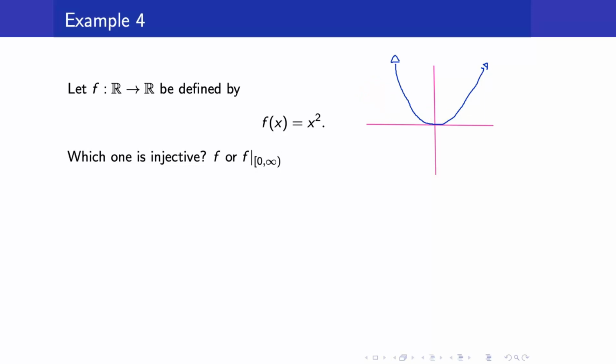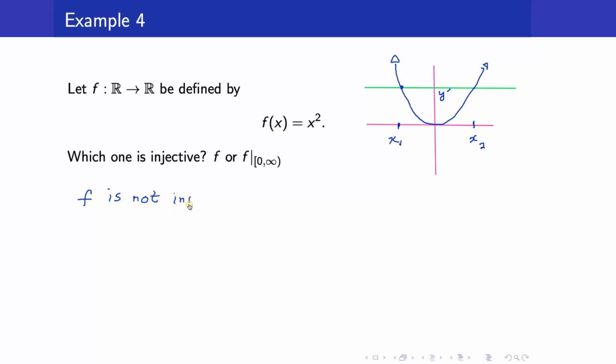The horizontal line test actually makes us look at one particular value of y. Let's call that y prime. And then, there are two distinct elements in the domain which get mapped to y prime. Correct? So f is not injective.